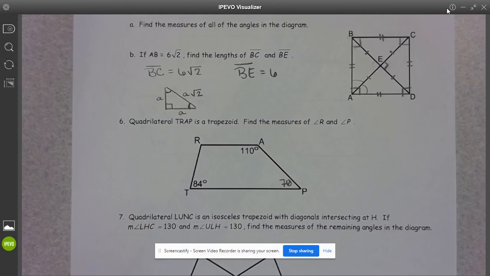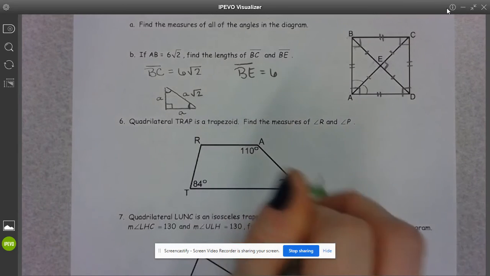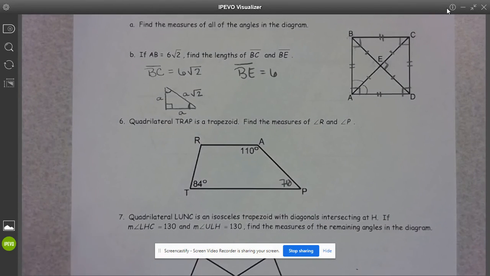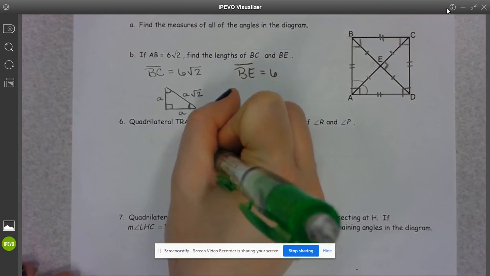So you can also think of the sum of the interior angles here. All 4 of these things added together need to make 360. So I can do 360 minus 110 minus 70 minus 84 and get 96.